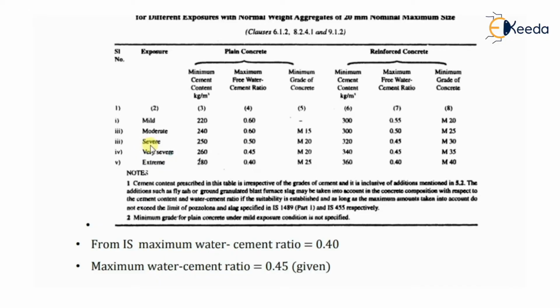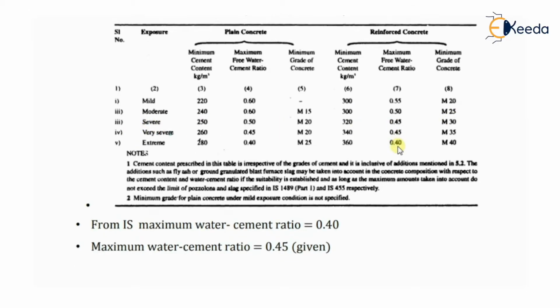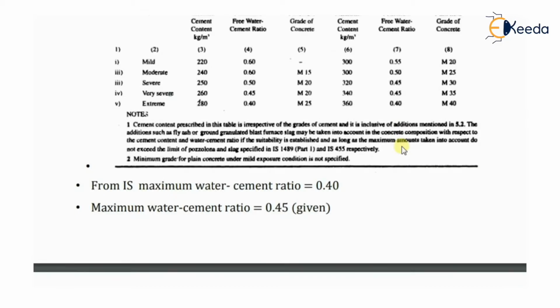For severe condition, there are two types of structures here, plain concrete or reinforced concrete, but we have to design for reinforced concrete, so we will be referring to these three columns. For severe exposure condition, the maximum water cement ratio is 0.45, and for M40 we can say that 0.40 is given. So there are two possibilities.